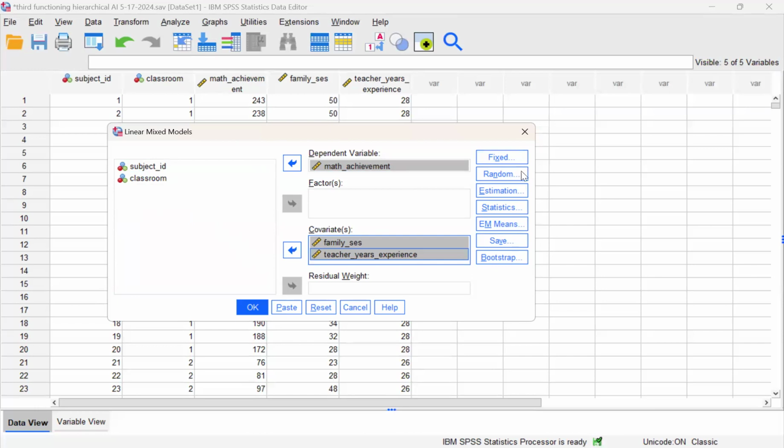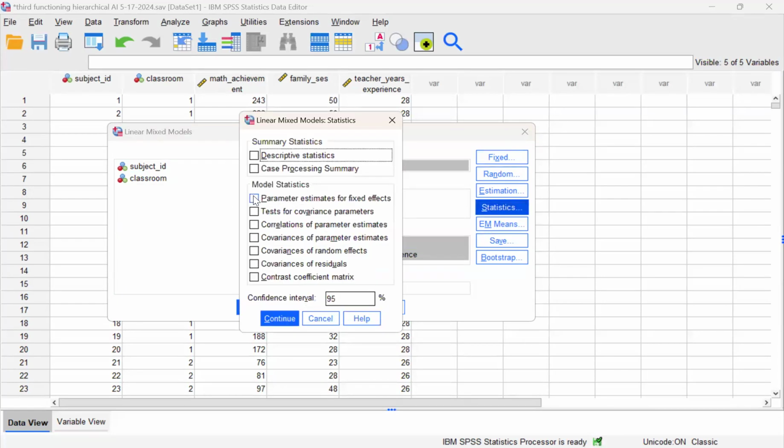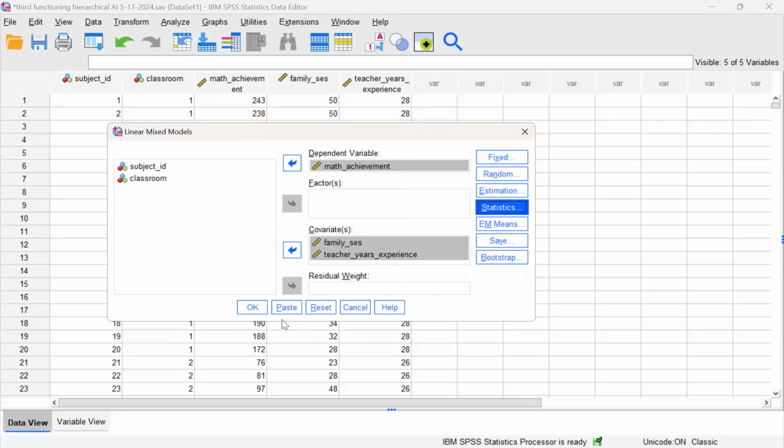The first thing we are going to do is establish which statistics we want. So we're going to take parameter estimates for fixed, tests for covariance parameters, and covariance of random effects. Those are the first 3 statistics we're going to ask for.